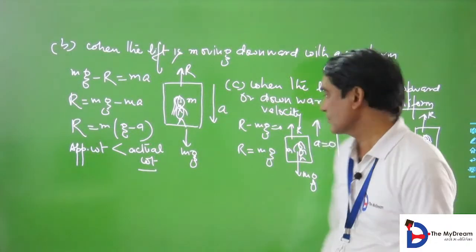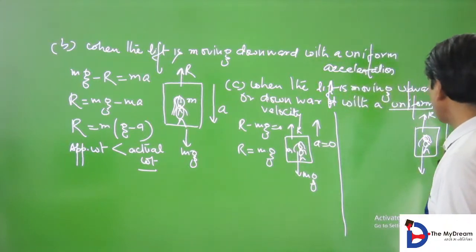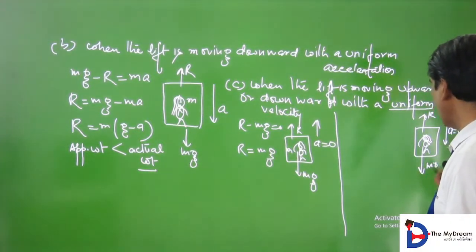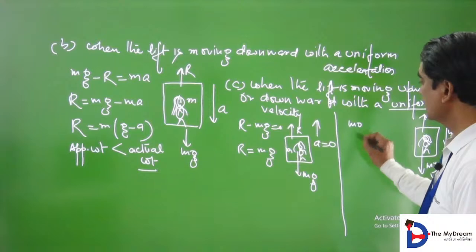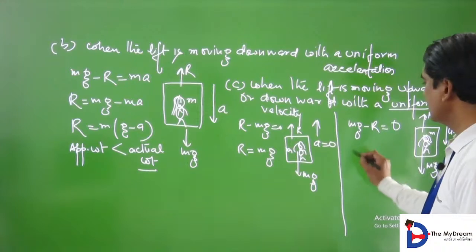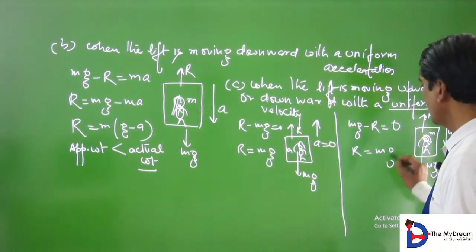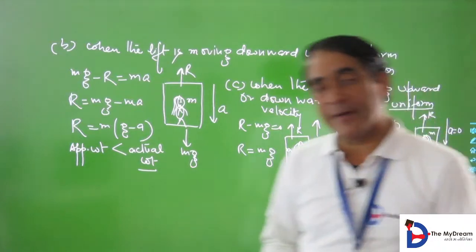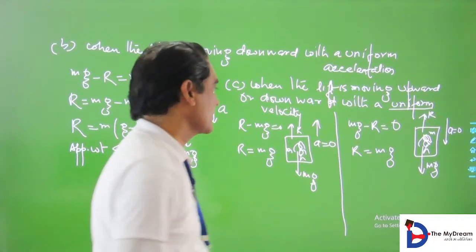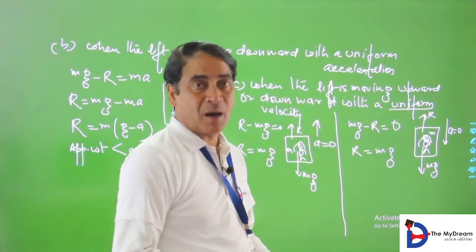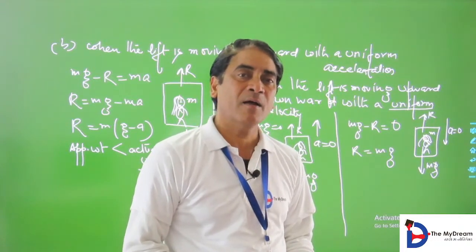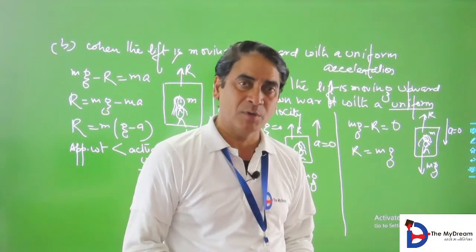In the case of moving downward, mg minus R is equal to m into a, and a is 0. So in both the cases, the apparent weight is equal to the actual weight. Either the lift is moving upward or downward with a uniform velocity, the apparent weight is equal to the actual weight.